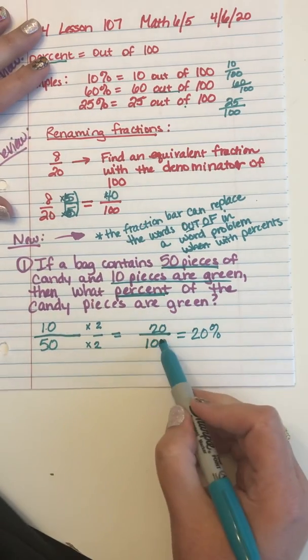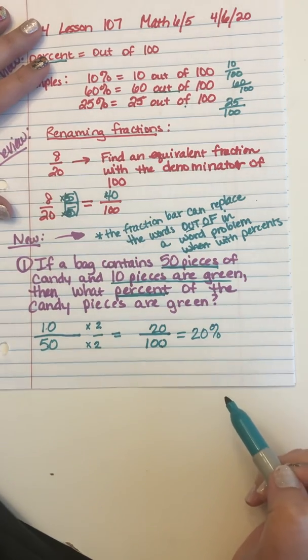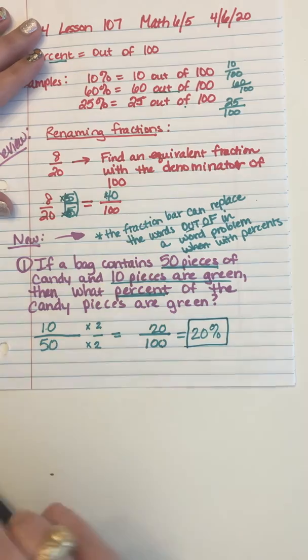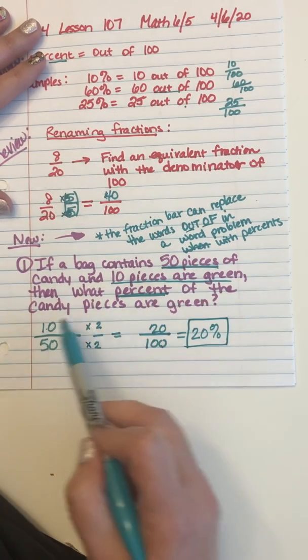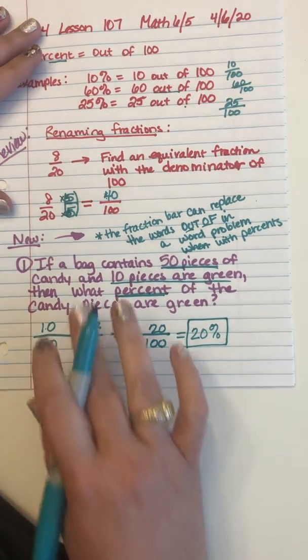So 20 out of 100 is 20%, because percent means out of 100. So our answer is 20%. What percent of the candy pieces are green? 20% is green.